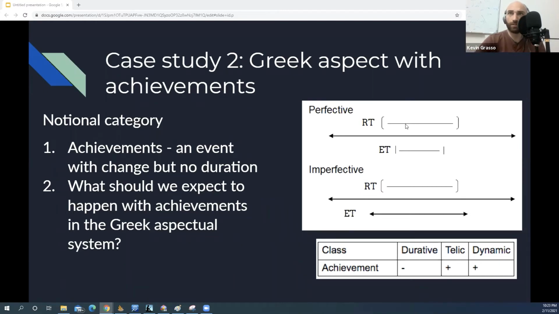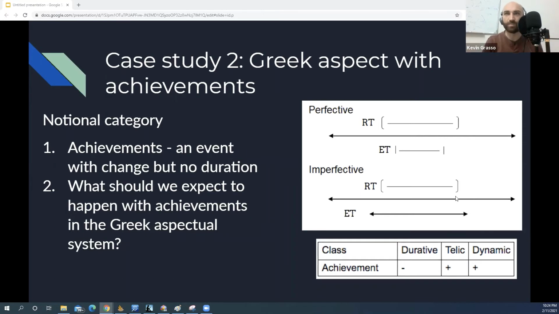And so here, reference time extends beyond this point of event time. What we would have a problem with is extending a single point, right, over an interval, a reference time. So if we're talking about an interval of time, how do we make this single point extend beyond that?